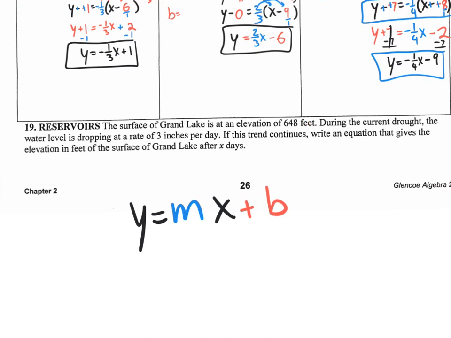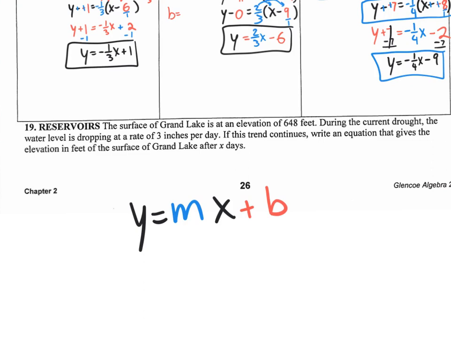So the b value is 648 feet, but our slope, you can't put -3 for slope because that's inches, and you have feet. So you can't have inches and feet both in the same equation. So let's change the inches to feet. So what would 3 inches actually be in terms of feet? What was that? 1/4 of a foot.